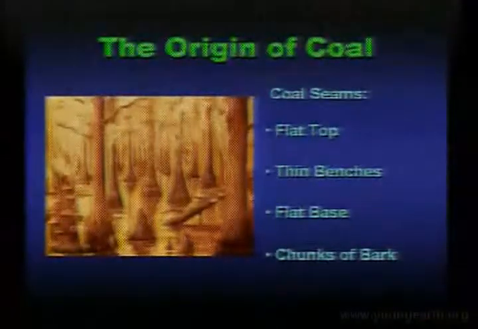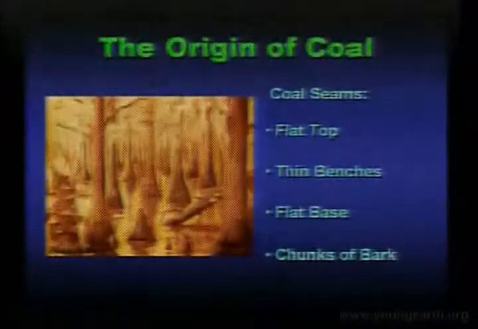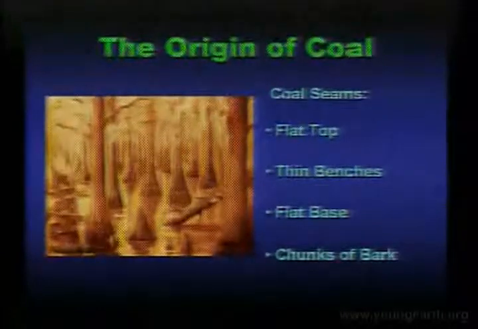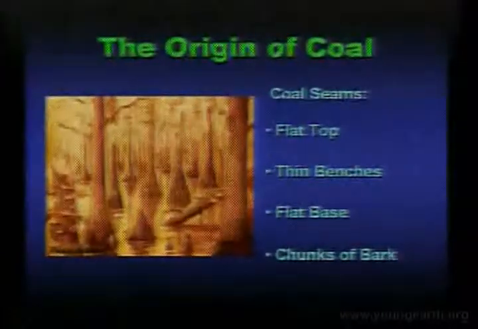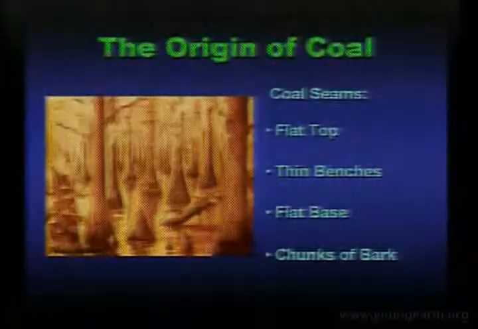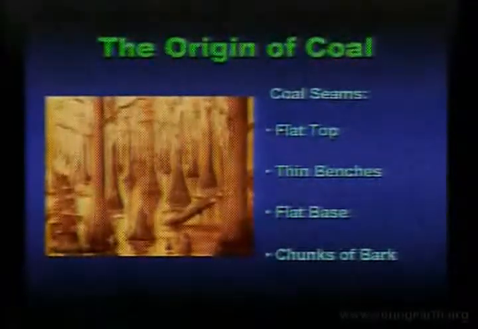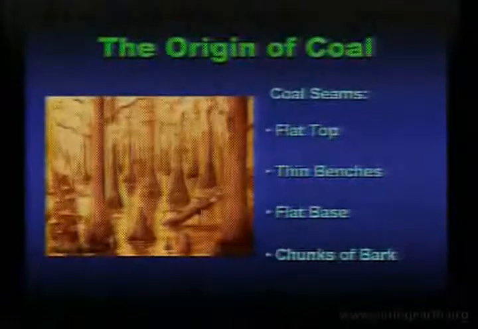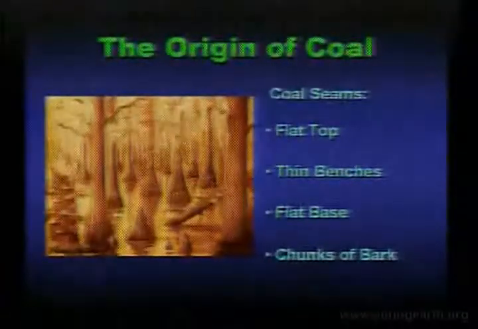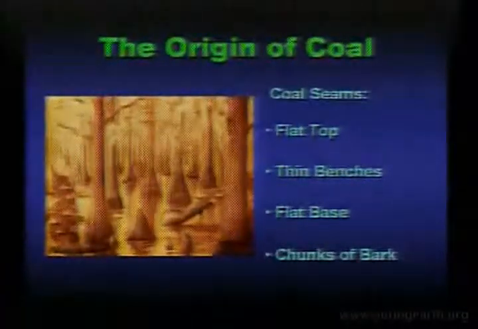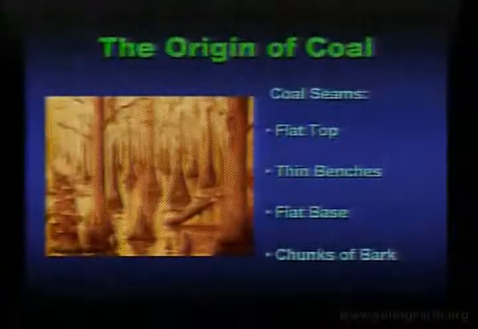And so you should have roots that you can follow down into the clay underneath. And it should blur the contact between the peat that's depositing at the bottom of the swamp and the material underneath. You wouldn't expect the flat top. Even worse, flat base. Even worse, how do you flatten the whole thing out?